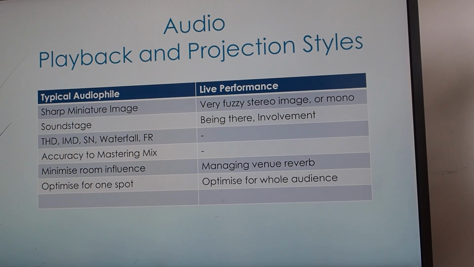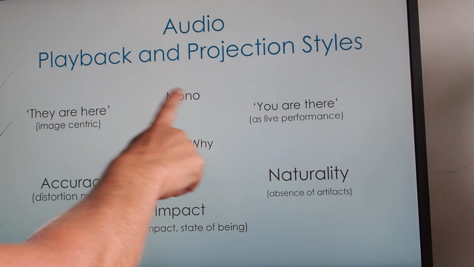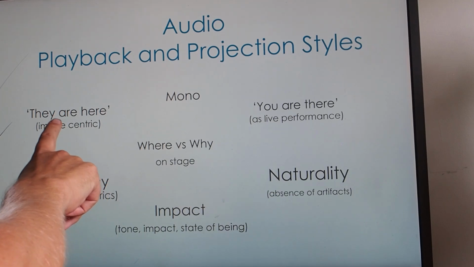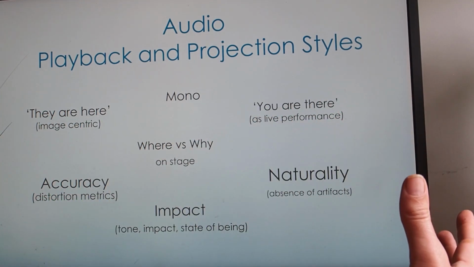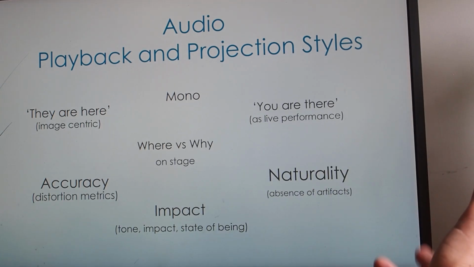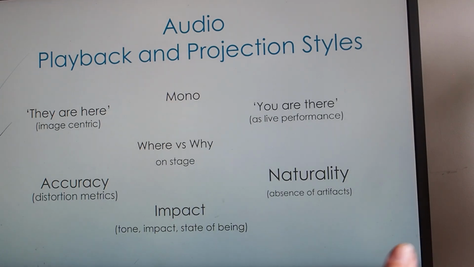My model. So this is the model. What is it? So here we've got the projection styles. When you have this image-centric style, the image is portrayed between the speakers basically, and yes, it's also outside or in the depth of the speakers, but it's limited in the general facility.